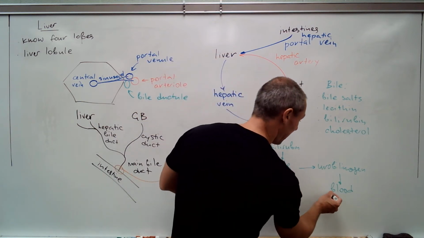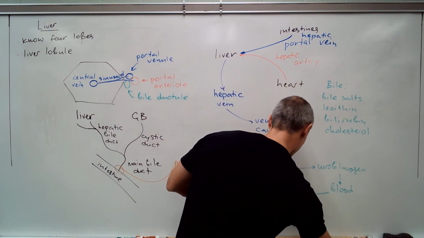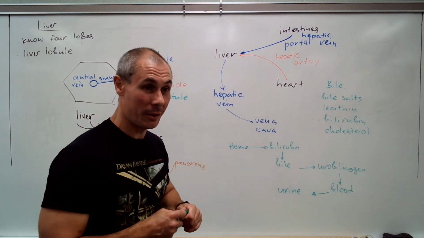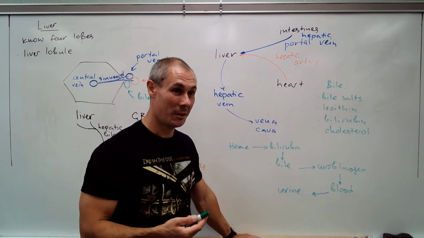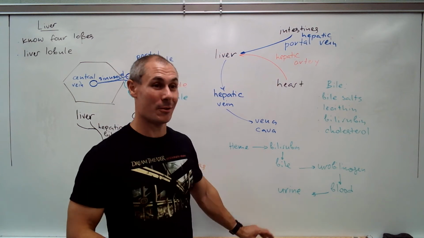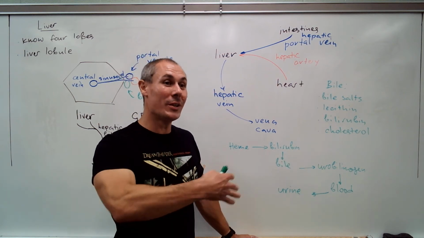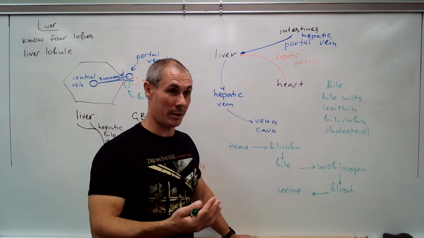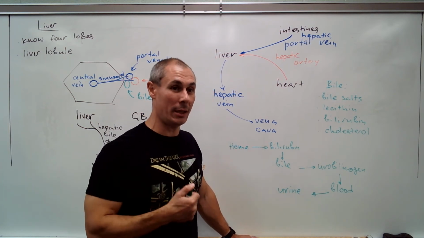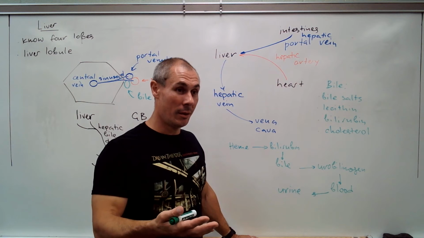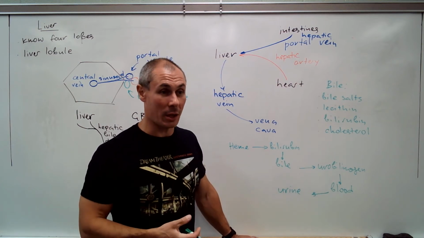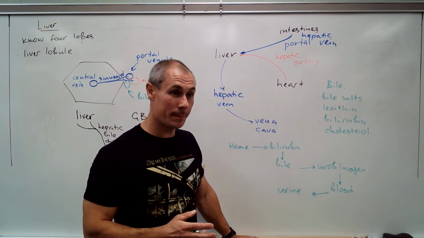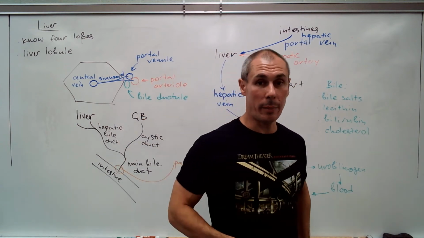So it is filtered out into the urine. And amber color of urine is because of urobilinogen. So sort of indirectly, bilirubin gives feces the brown color and indirectly gives your urine an amber color. Make sense?